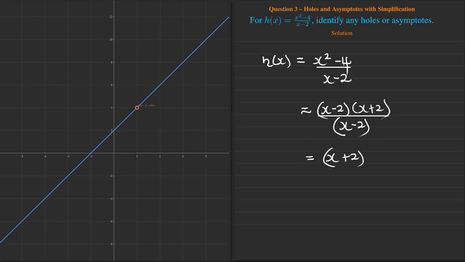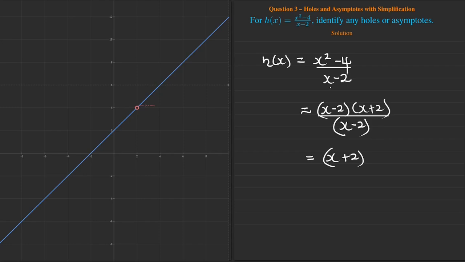Now this we have is a straight line. If you are to get this on a graph, it is as you see down here. But then if we come back to the function itself, we have x minus 2 as the denominator. For fractions, if you have a denominator being 0, it is undefined.